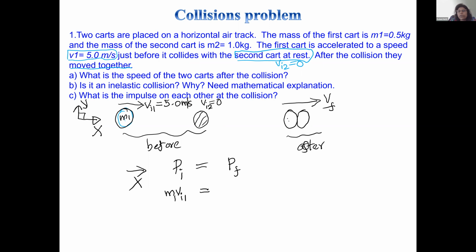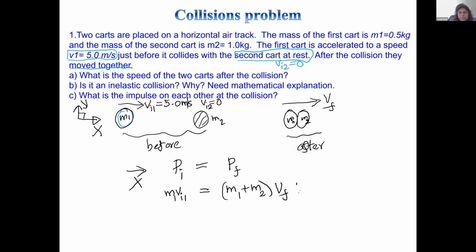And then M1 and M2 are going together, so your mass will be M1 plus M2 together, moving with the velocity V final.